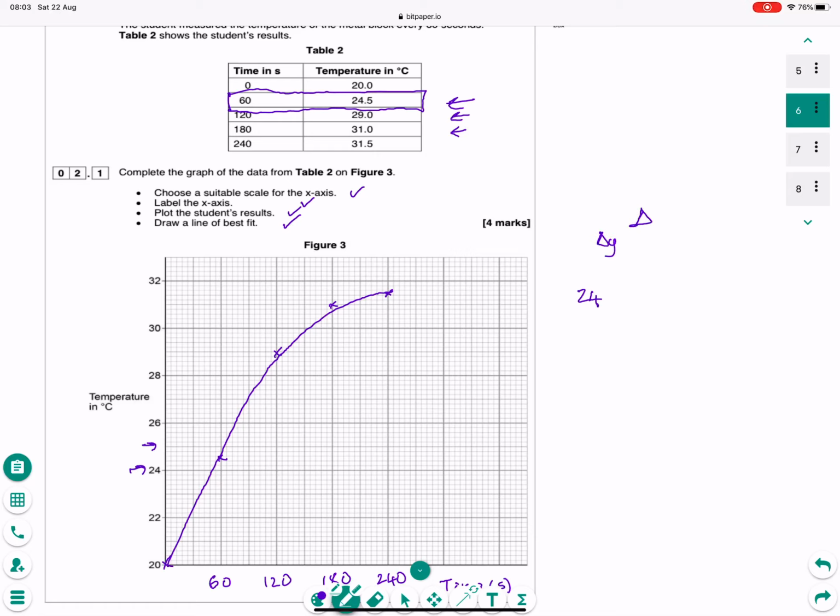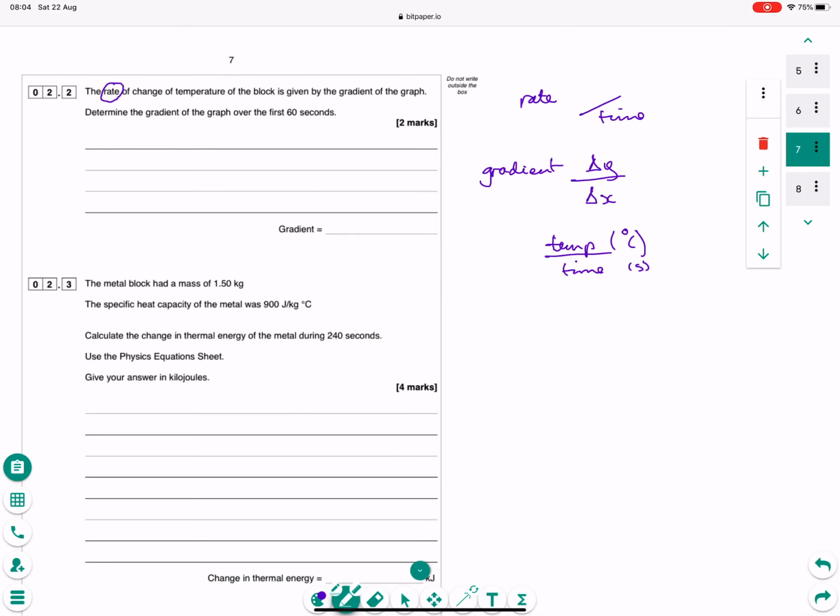This delta symbol means change. The change in y is 24.5 minus 20, because we're starting at 20. So looking to catch you out there. You think it starts with 0? No, it does not. So it's 4.5 over 60 seconds. I'll write it over here. Divided by 60. Quick calculation. That's that one.